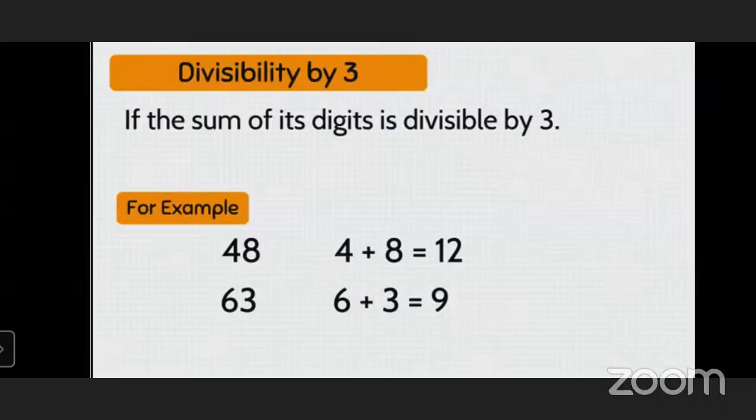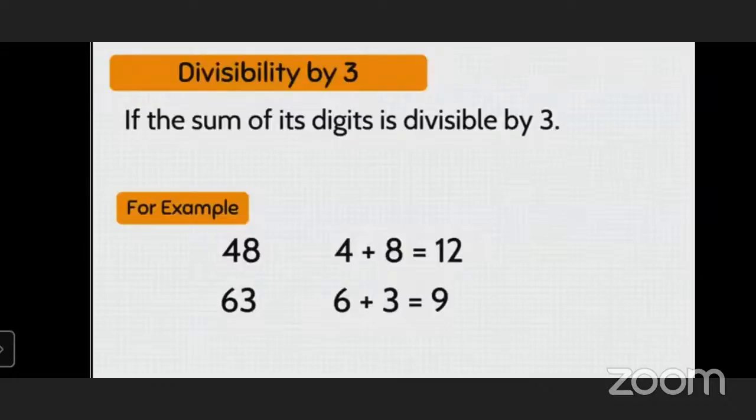Yes, sir, divisible by 3. I am asking about 30, not 13. 30 is divisible by 3, 3 times 10. Very good. Okay, 14.